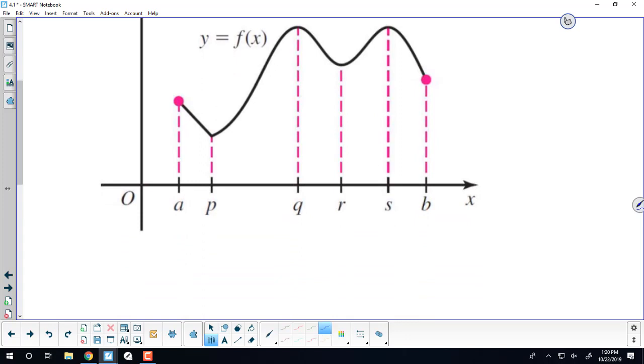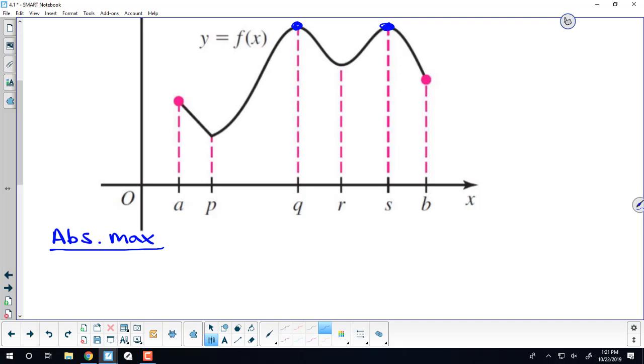All right, it doesn't matter where we start. Let's just start with the absolute maximum. What's the absolute maximum of f of x? At q, yeah. So here and here.